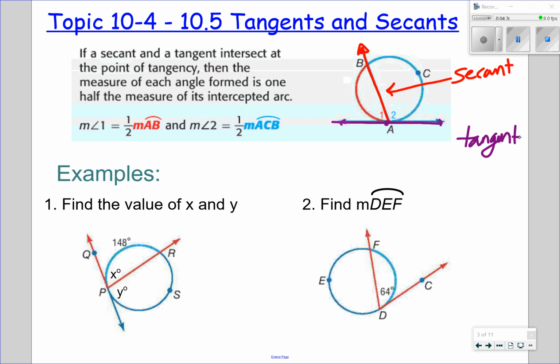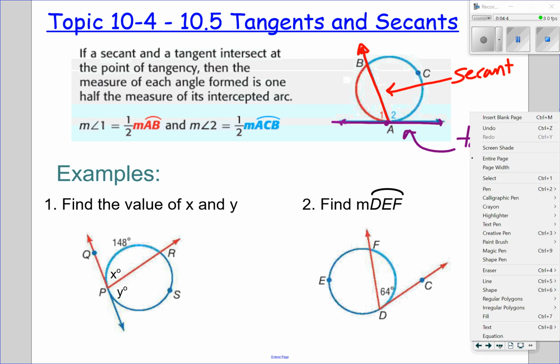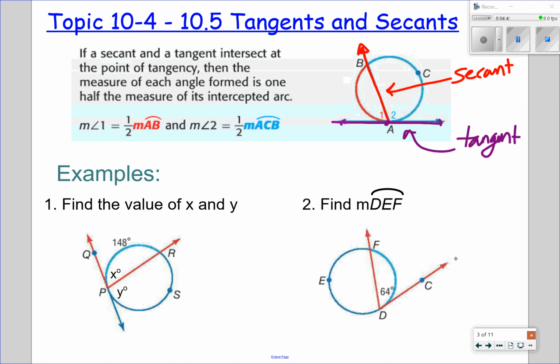Anytime you have this relationship where you have a secant and a tangent intersecting, there is a relationship between the arc measure and the angle measures. If we look here, angle 2 and angle 1 are created along that tangent line. Because they are next to each other on a line, we know that they would be supplementary.